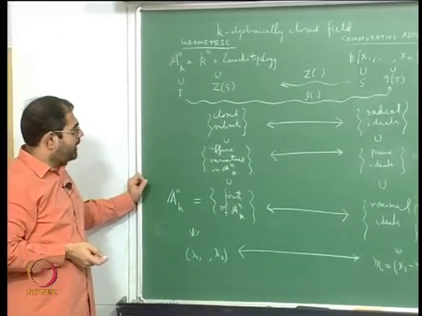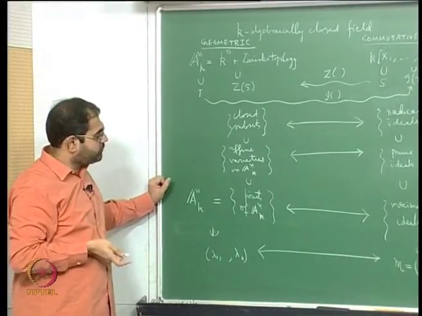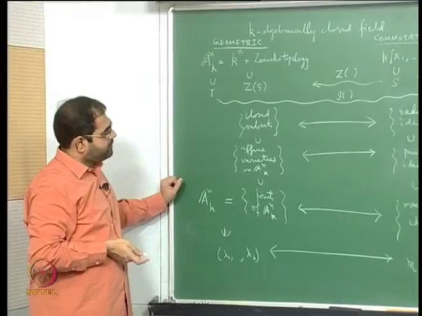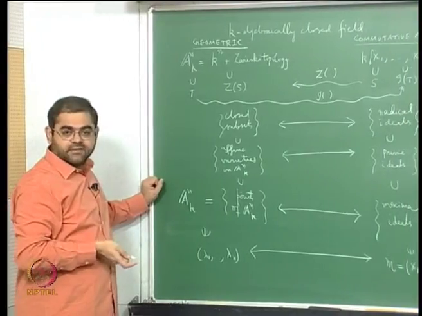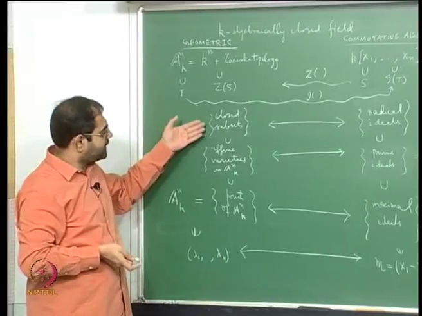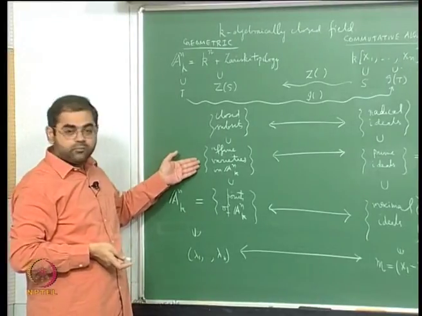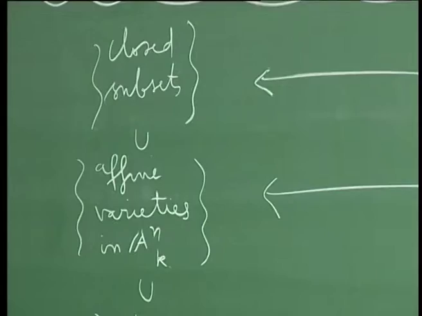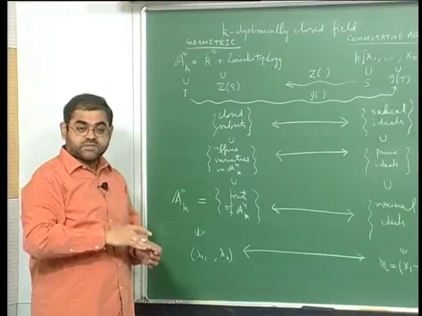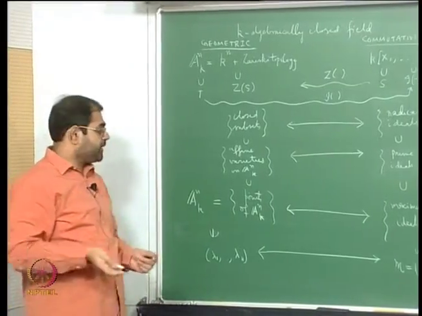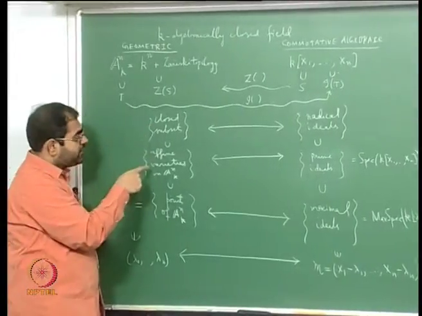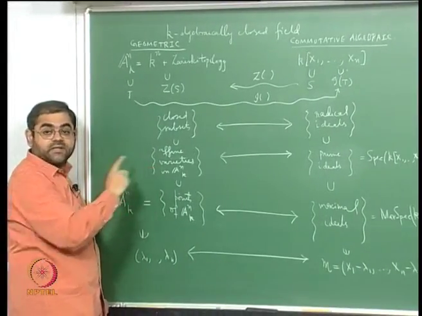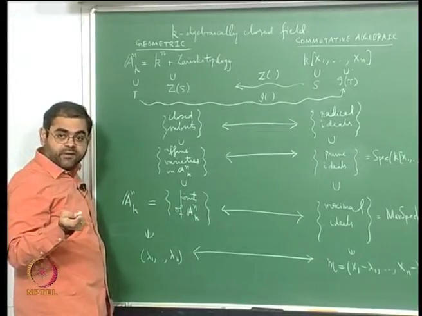Okay, and why are they important? They are important because we will see later that any closed subset can be broken down into a finite union of affine varieties, and the decomposition is unique if you make sure that there are no redundancies, that is, no affine variety in the decomposition is contained in some other affine variety in the decomposition. So every closed subset can be broken down into finitely many affine varieties in an essentially unique way.